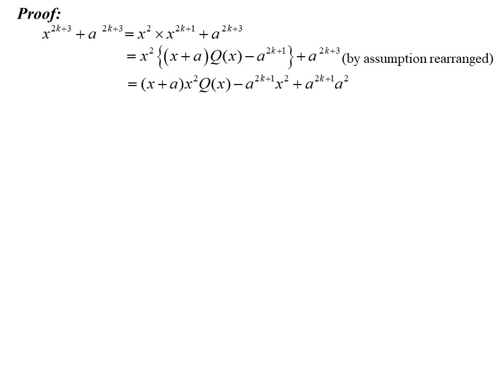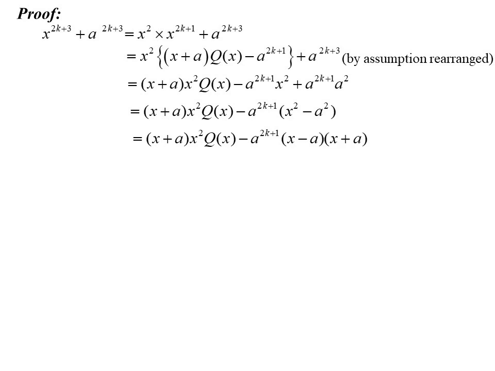Well, there is a common factor there. That common factor is a to the 2k plus 1. Now if I factorise out the negative factor, I'm left with x squared minus a squared. But, of course, x squared minus a squared, difference of two squares. So I could rewrite that as x minus a, x plus a. Aha! I've now got this common factor of x plus a that I was looking for.